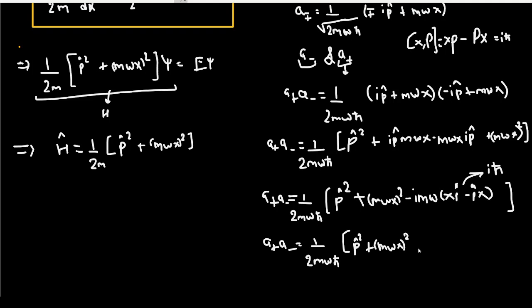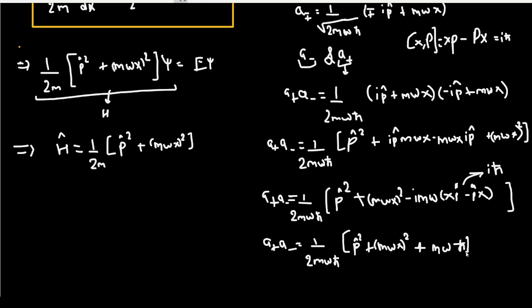Doing all of that, minus and minus will become plus, and i and i become minus 1, so negative i and negative become positive, and I can write here positive m omega h-bar. So this is what our equation becomes, very simple.